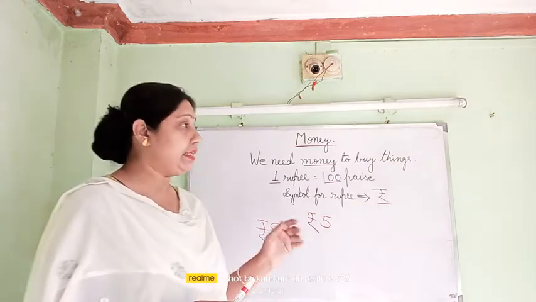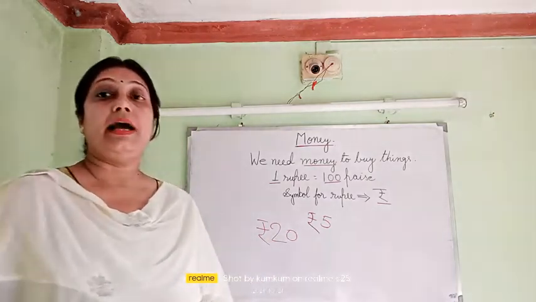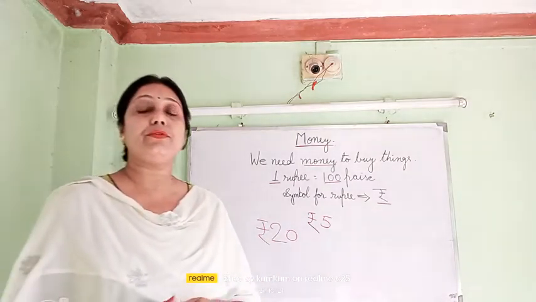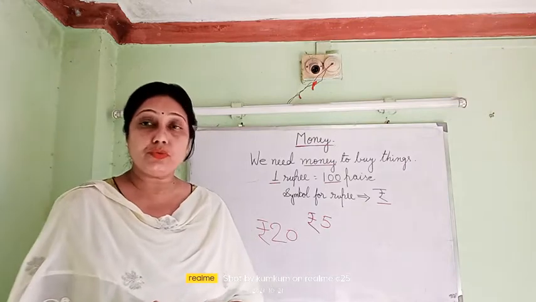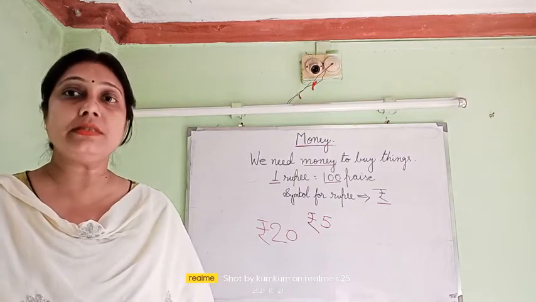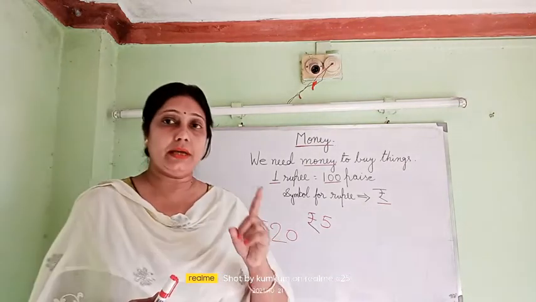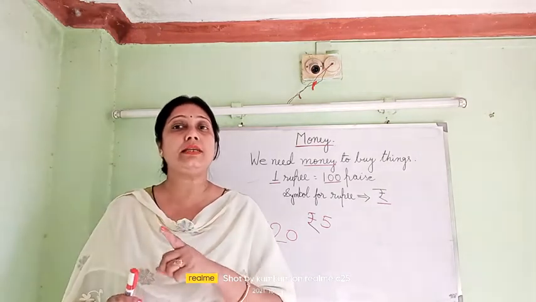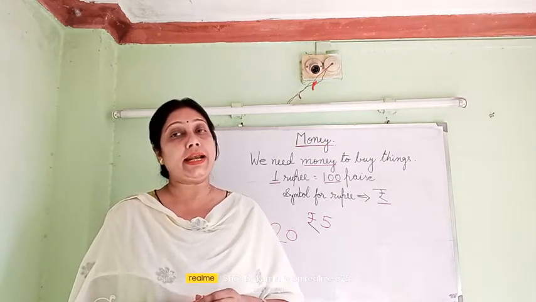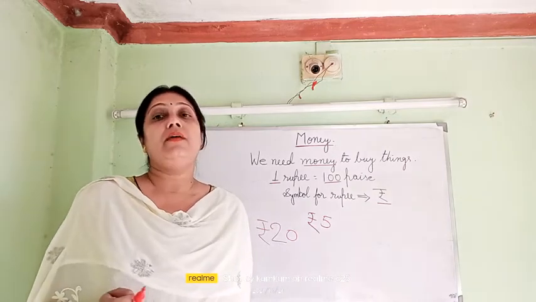Now besides this, what type of questions may come? I may ask you to add, suppose 2 rupees plus 2 rupees plus 1 rupee means how much? So 2 plus 2 is 4, plus 1 is 5, and you have to add the symbol, so it becomes 5 rupees.